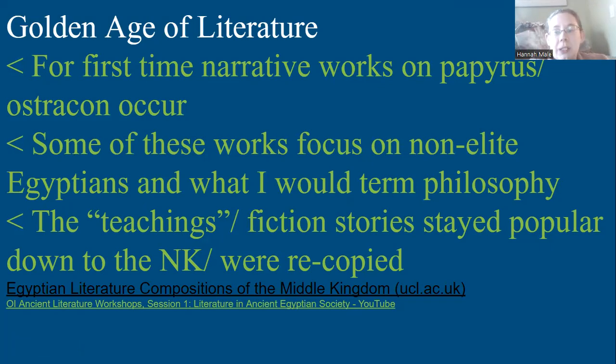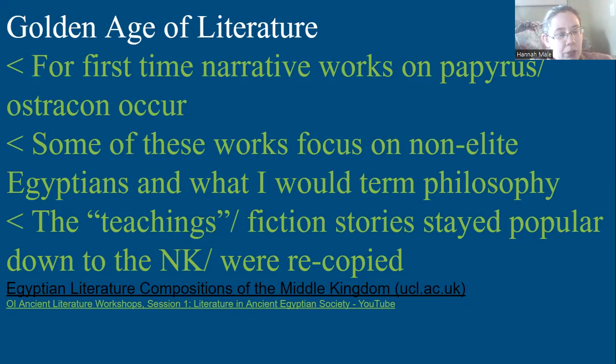And we see versions of these both on papyrus and on ostrakhan, or ostraka. And there is a focus on elite Egyptians, but also non-elite Egyptians lower down the social scale as well.